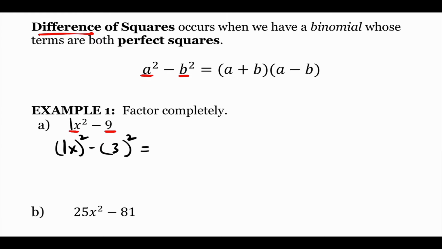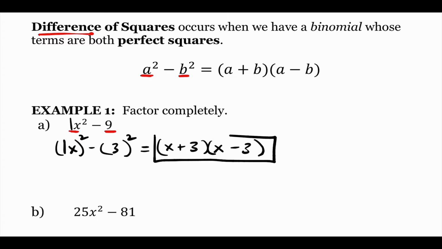So if we have an A and a B that fits, they factor to make A plus B and A minus B, so 1x plus 3 and 1x minus 3. That's how they factor. It's a quicker way of factoring if we can, but there won't always be a difference of squares. If there is, we use it.